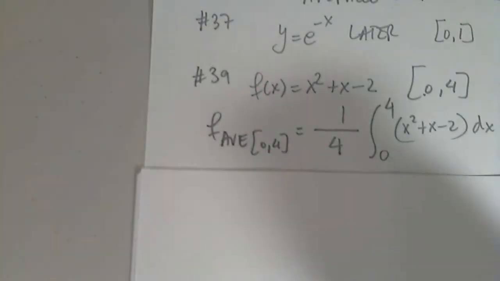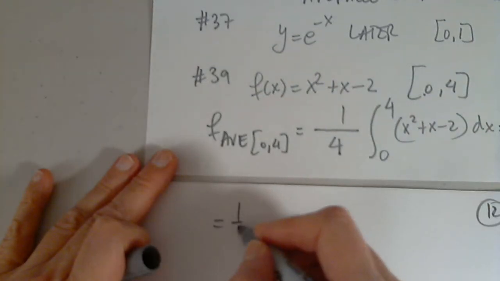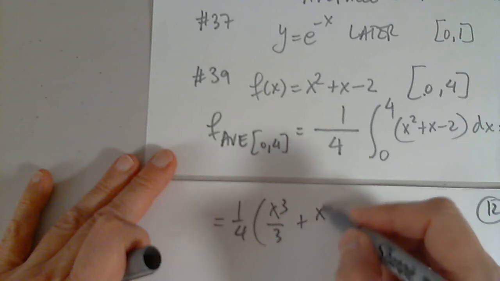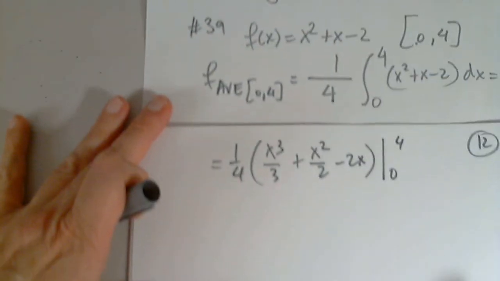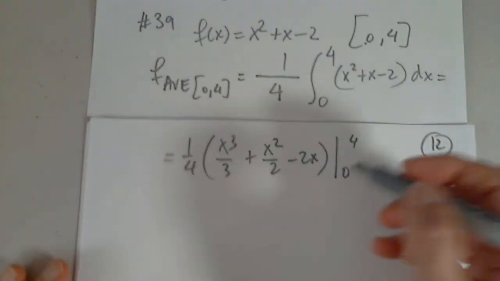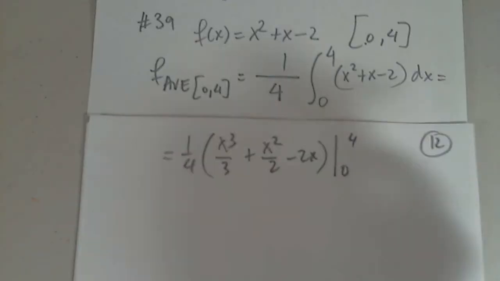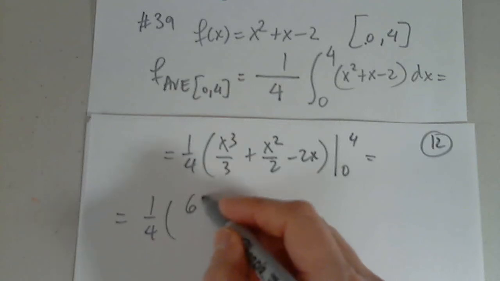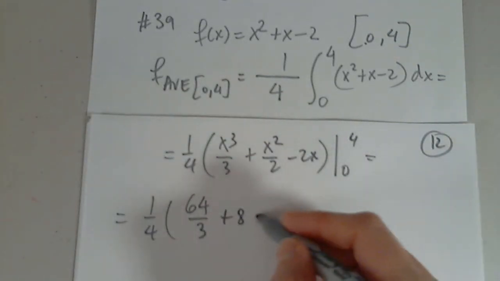Okay, so then I'll continue finding x to the third over 3 plus x squared over 2 minus 2x from 0 to 4. I always like the integrals that start at 0 as a lower limit, because normally when I have to plug in 0, I don't have to do anything. So 64 over 3, and this is 16 divided by 2, and this is minus 8.